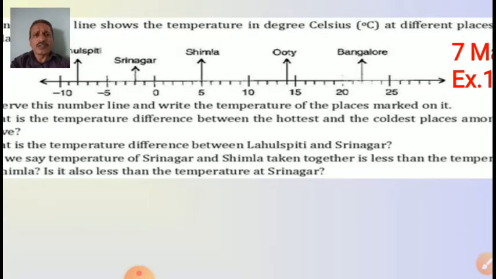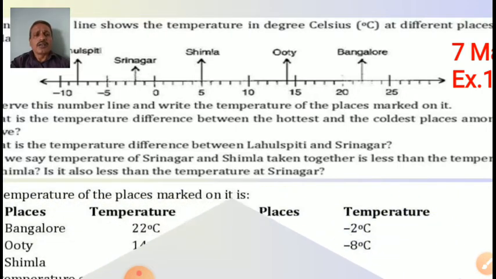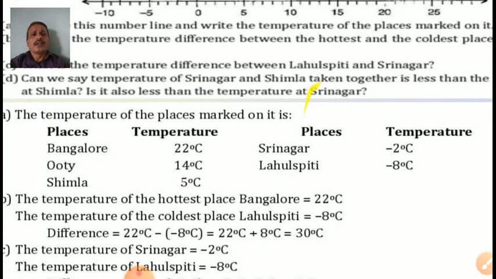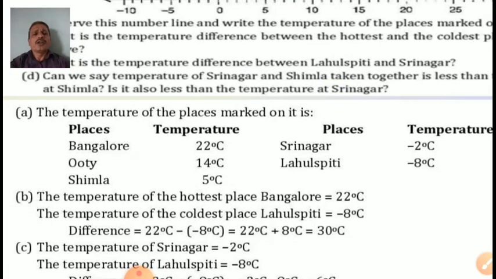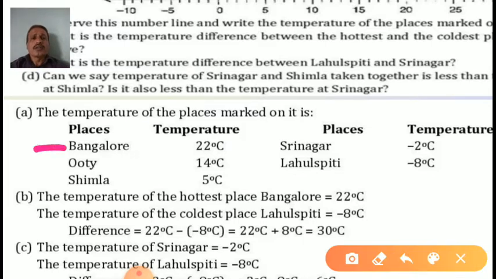Let's check the answers. A. The temperature of the places marked on it: place and temperature. Students, you can make a table like this, places and then against them the temperature.